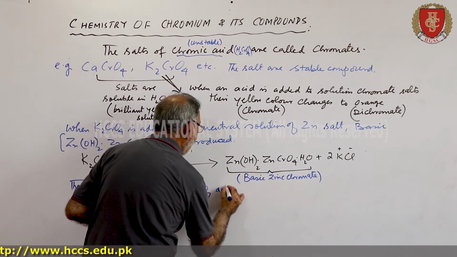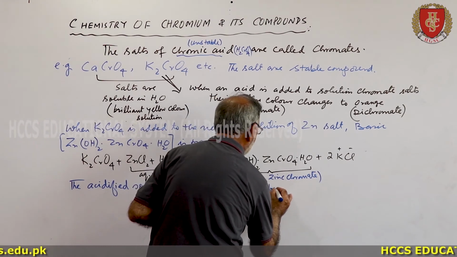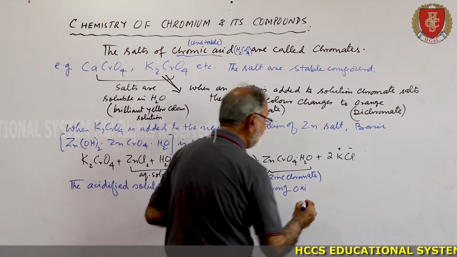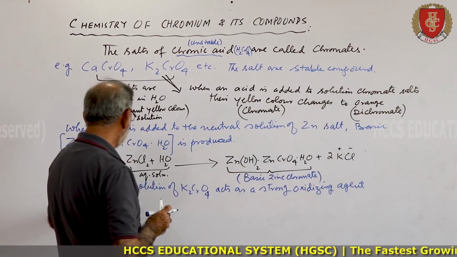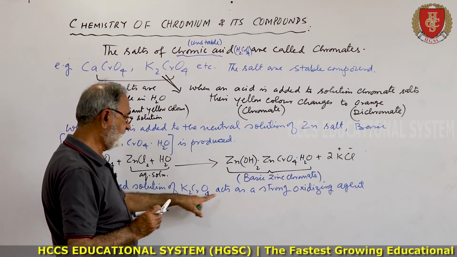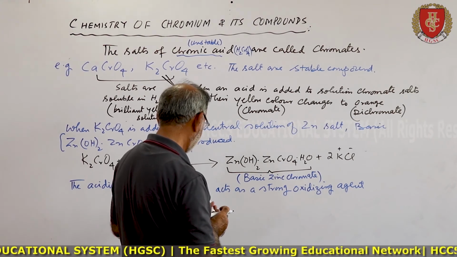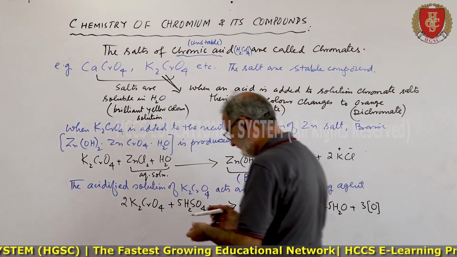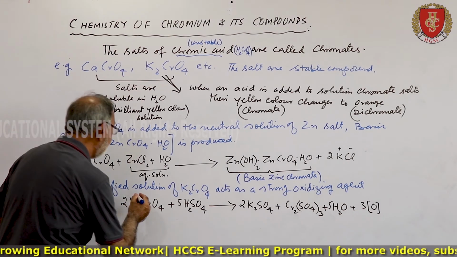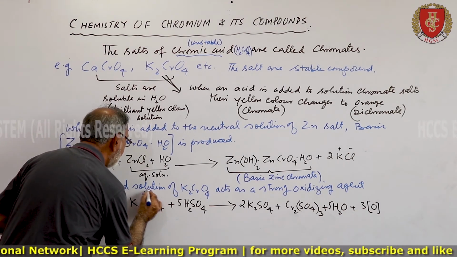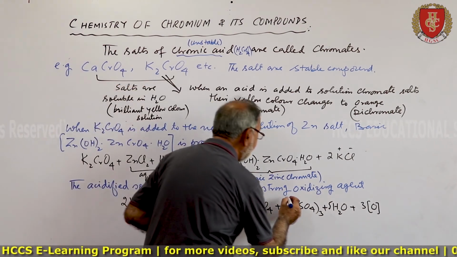The acidified solution of K2Cr2O7 acts as a strong oxidizing agent. Now, this is the oxidation. Here chromium is in +6 oxidation state, and here it is in +3 oxidation state.